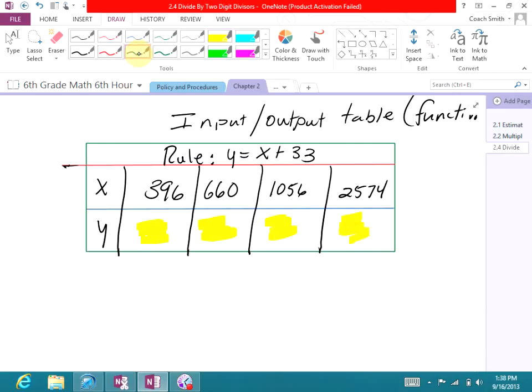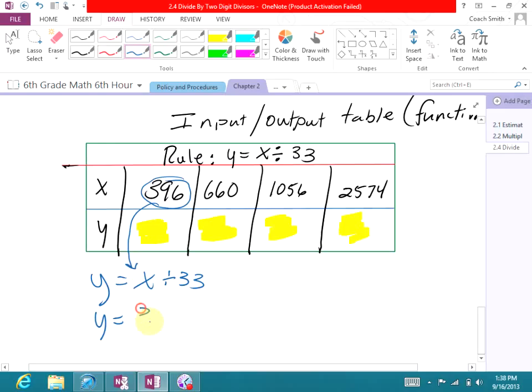So, what we're going to do is take the rule y equals x. That looks like that's not what it's supposed to be. It's supposed to be a division sign. Okay, y equals x divided by 33. They want you to take this 396 and plug it in for x.